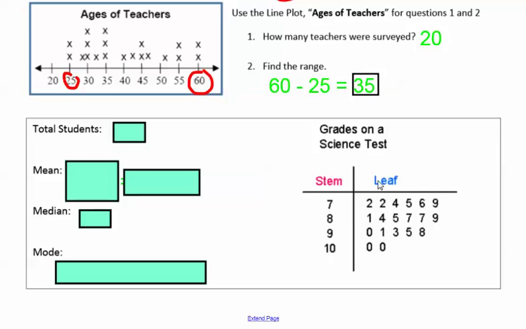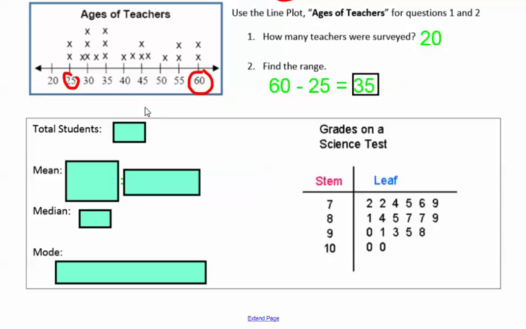Then we have a 75, a 76, a 79. We have an 81, 84, 85, 87, 87, 89, a 90, and so on. Our highest grade here, we have a 100, but actually we have 2 100s, okay?